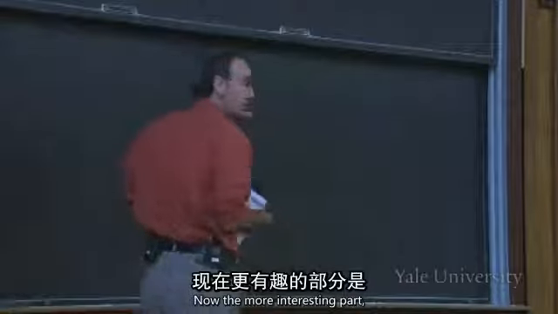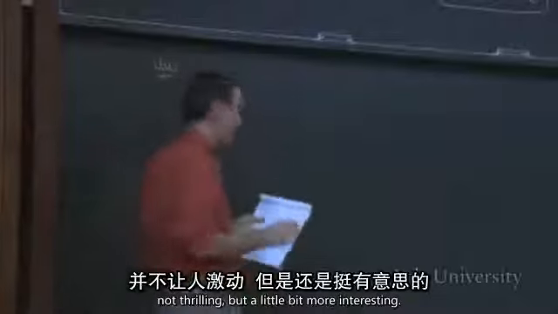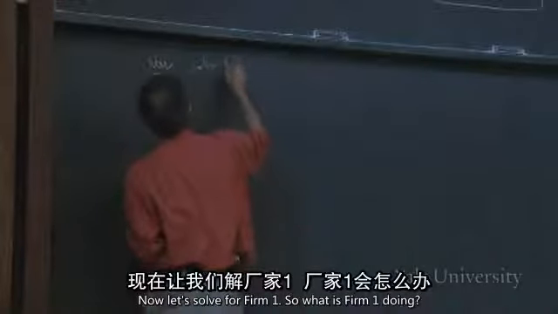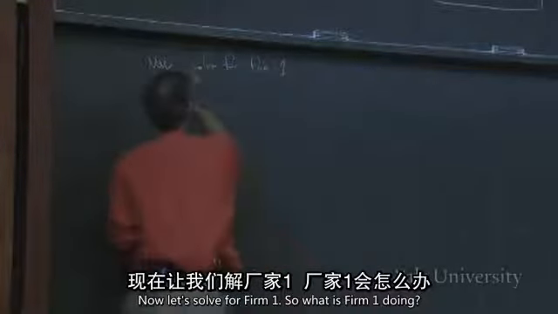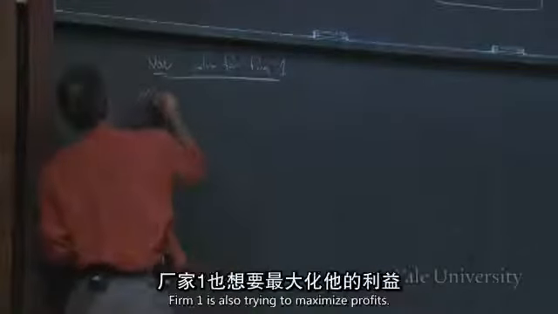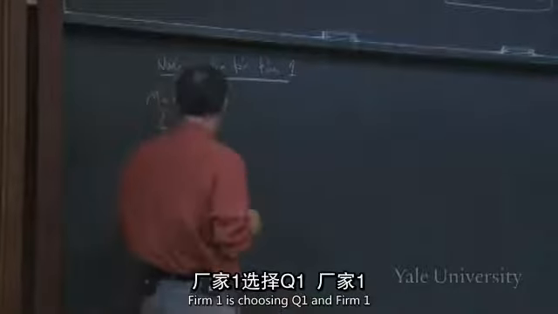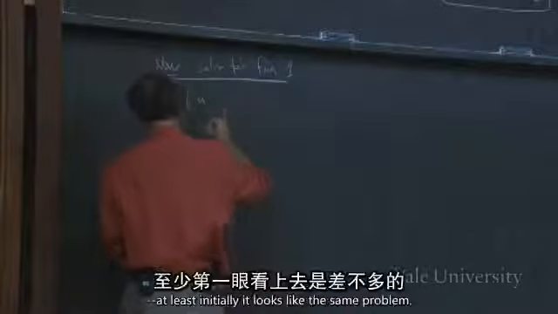All right, now the more interesting part. Not thrilling, but a little bit more interesting. Now let's solve for firm 1. So what is firm 1 doing? Firm 1 is also trying to maximize profit. Firm 1 is choosing Q1. And firm 1, at least initially, looks like the same problem.